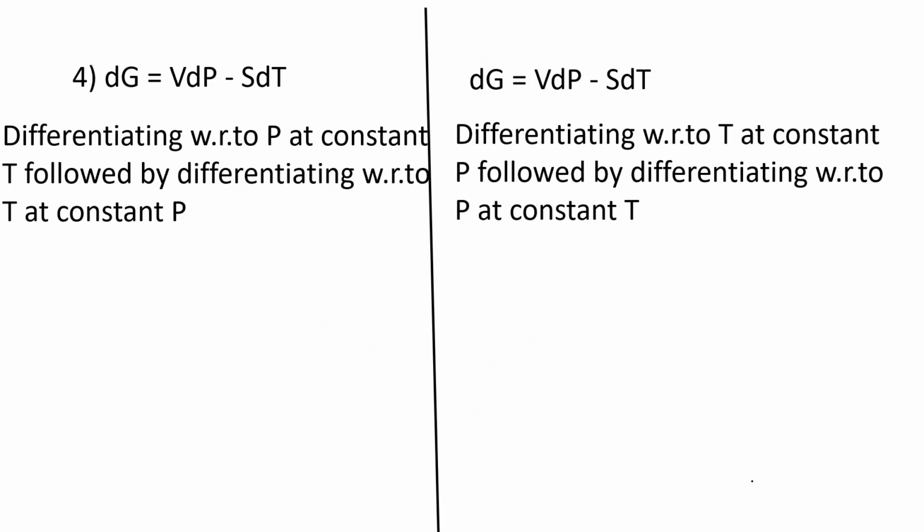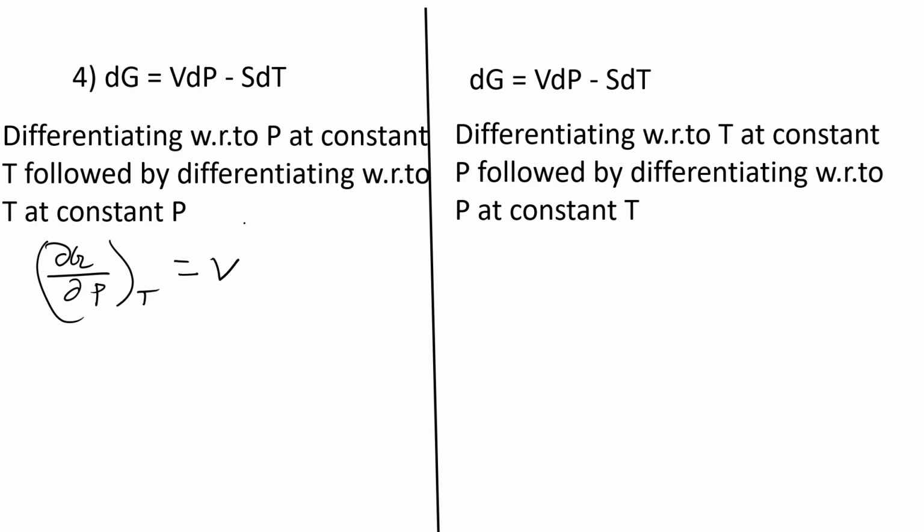Now we see the fourth equation. Fourth equation is with Gibbs free energy. dG is equal to VdP minus SdT. So first differentiating with respect to pressure at constant temperature. So ∂G/∂P at constant temperature is equal to, dP by dP is 1, so it is only volume V, right?